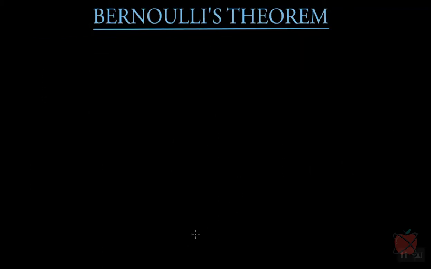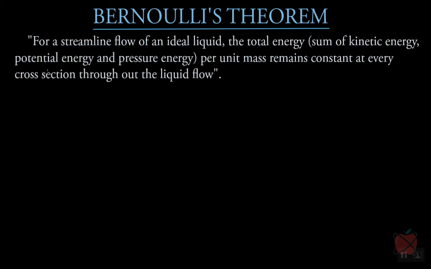Bernoulli's theorem is the outcome of the principle of conservation of energy applied to a liquid in motion. Now, the statement of this theorem is as follows. For a streamlined flow of an ideal liquid, the total energy, that is the sum of kinetic energy, potential energy, and pressure energy per unit mass, remains constant at every cross-section throughout the liquid flow.